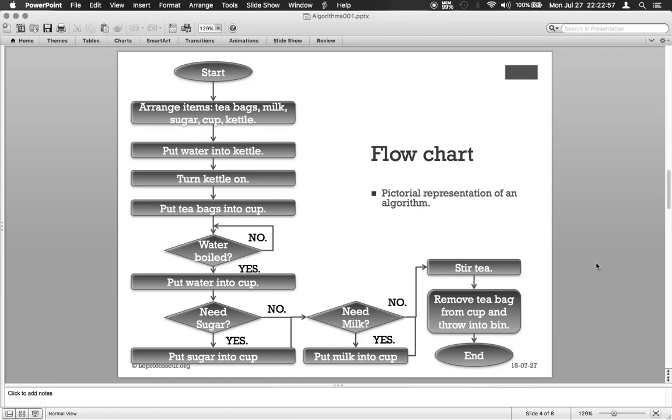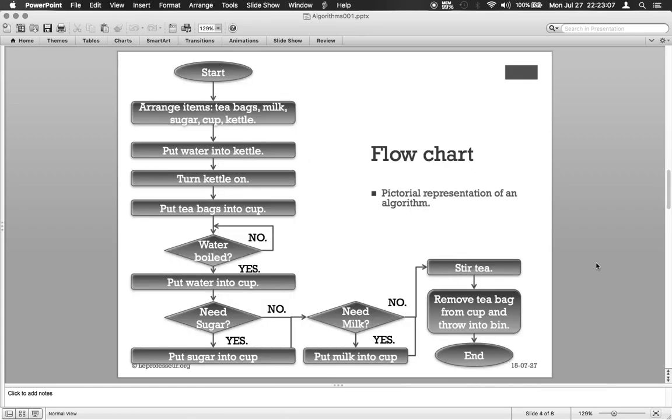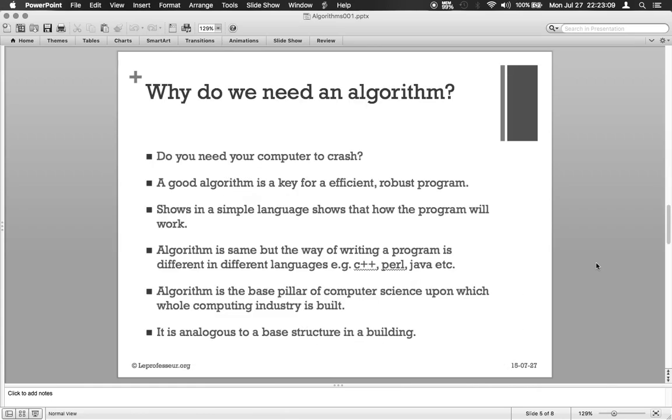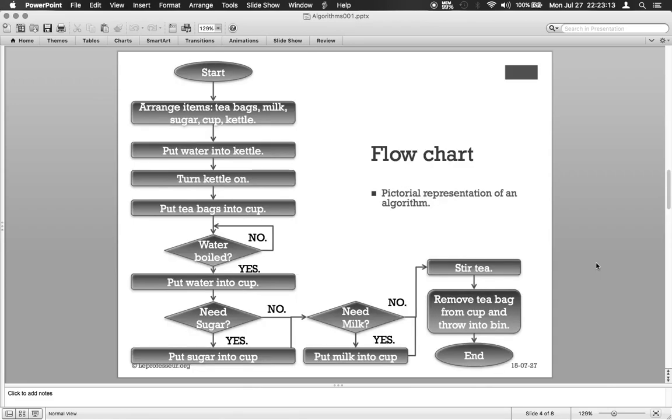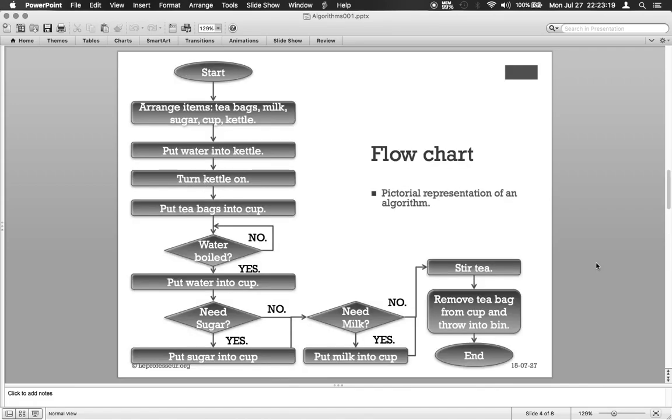As we move on to complex tasks, we might just end up writing the written description as on this slide. Let me rephrase it. For larger programs, it is usually difficult to represent it in a flowchart notation.